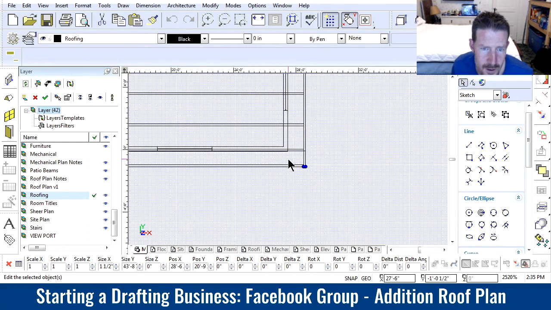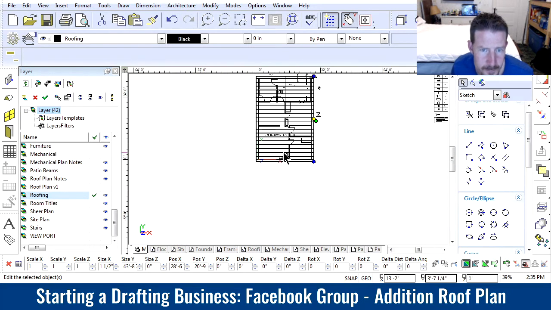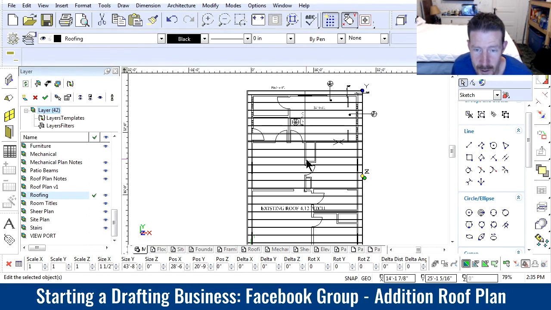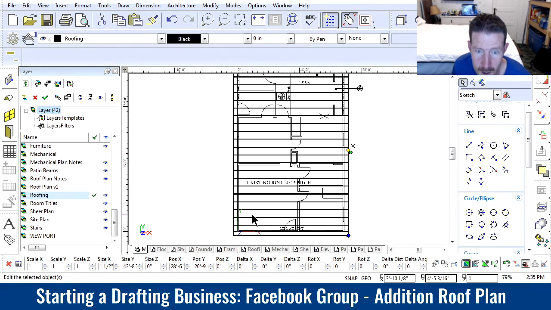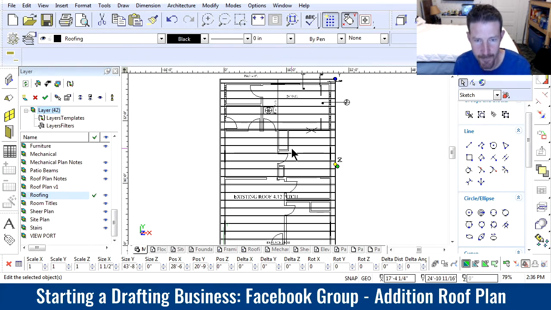Gosh, and if I did this all the time, I would be a lot better at remembering to do all these little details. Time to fix that. All right, so all that's good. Okay, I think we're going to leave it just like that.